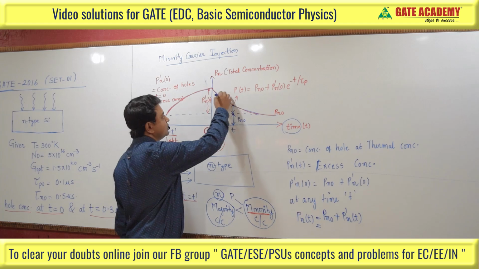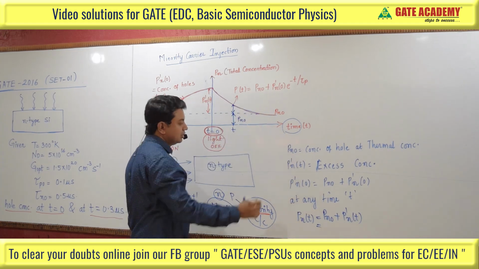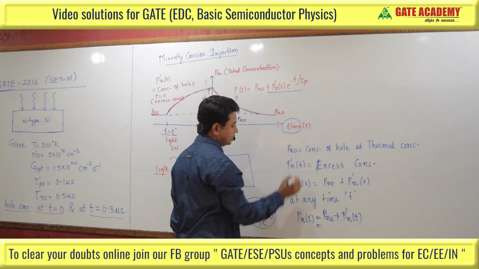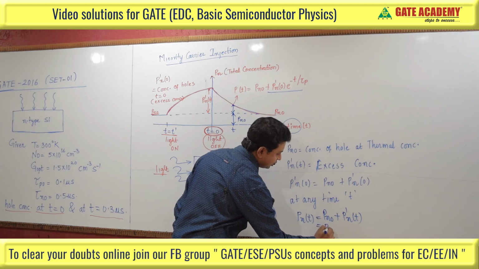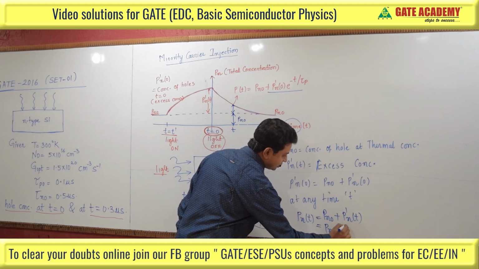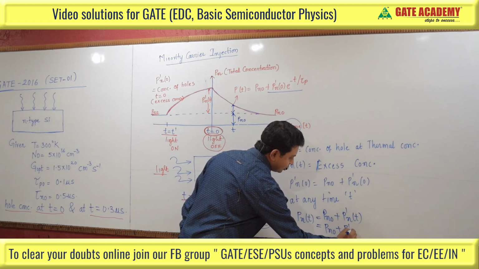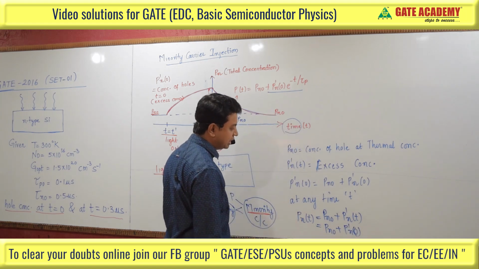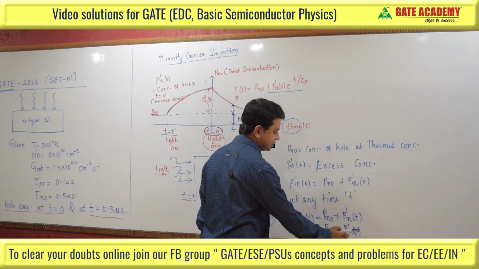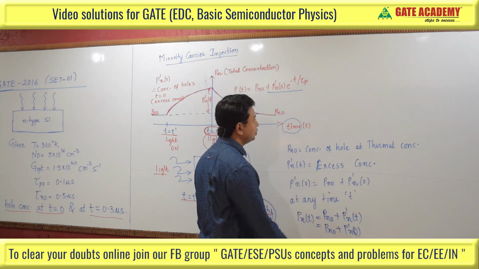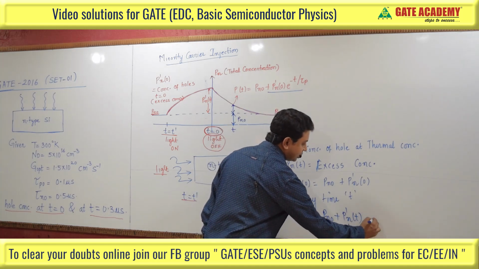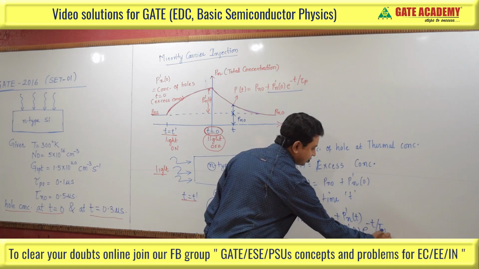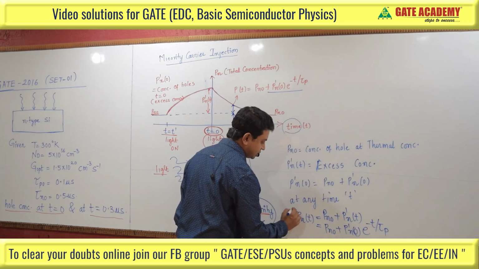Since we can see this is exponentially decreasing, we have this equation: Pn(t) = Pn0 + P'n(0), that is the excess concentration at time t equal to 0, times e raised to minus t divided by tau p. This is the equation which can be used to find the concentration of holes at any time t.